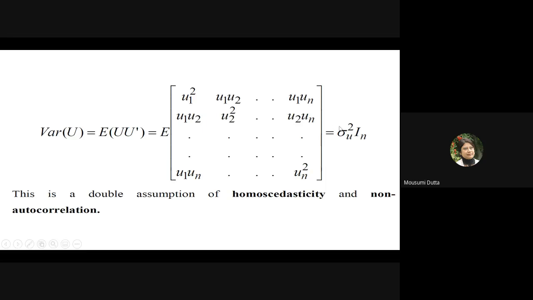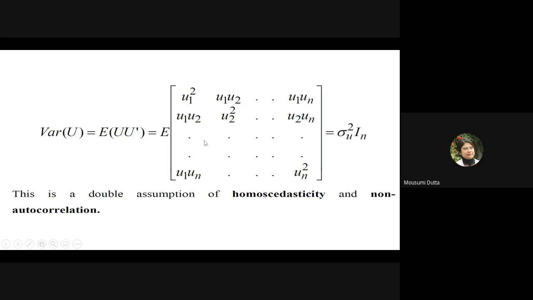So what we can do, we can take sigma u square common. If I take sigma u square common, I have 1, 1, 1, 1, 1 in the diagonal, and all off-diagonal terms are equal to 0. So I'm getting an identity matrix of order n by n.